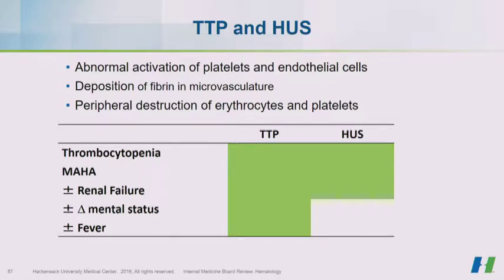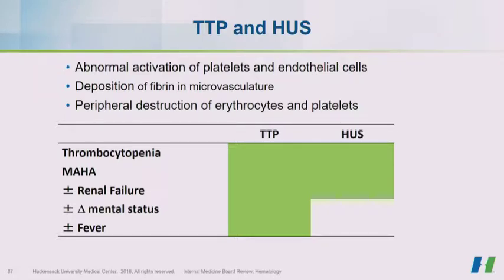In TTP, it's sort of a pentad, oftentimes, in addition to the three mentioned, changes in mental status, neurological manifestations, and plus-minus fever. None of this is reliable. The only two that really matter are thrombocytopenia and microangiopathic hemolytic anemia. If you see this, you might want to assume it's TTP and treat accordingly.